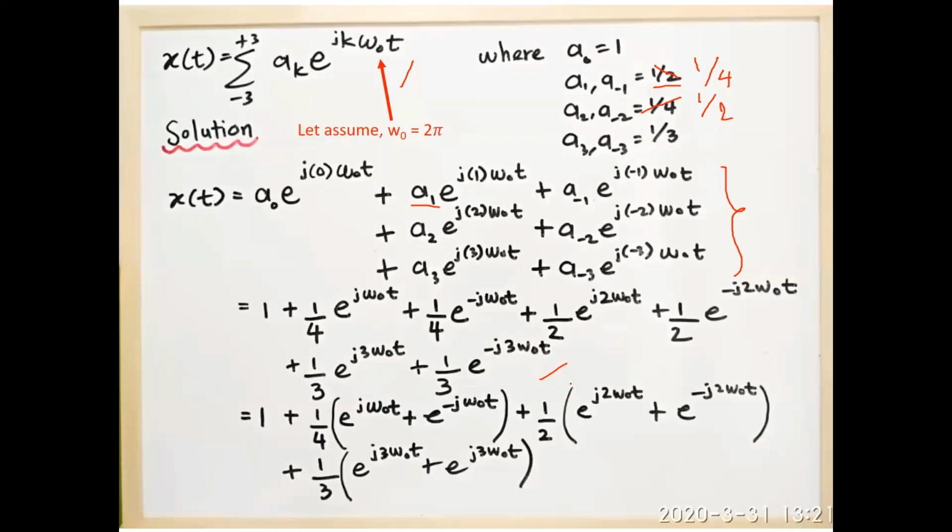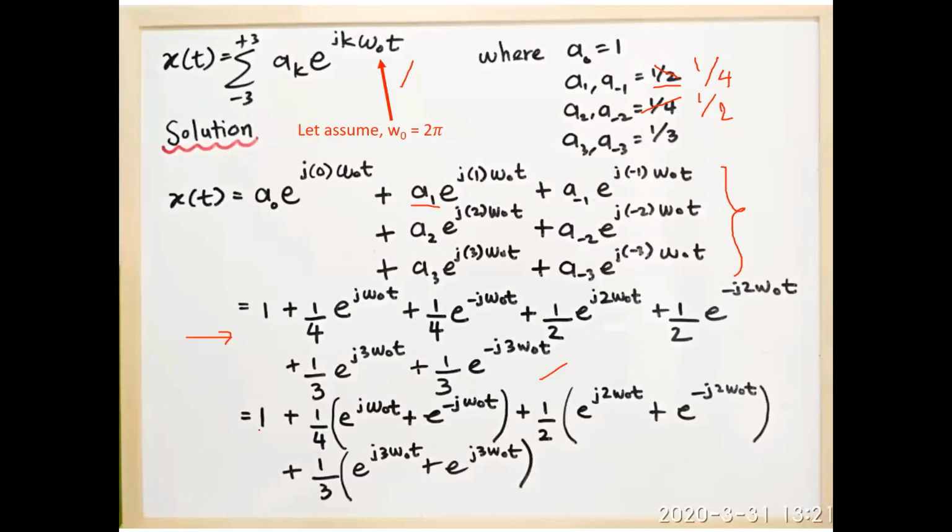So just expand it. From here, rearrange the second equation to get it in terms of the Euler identity.